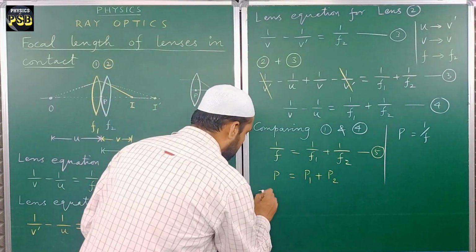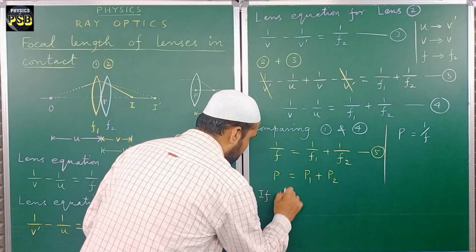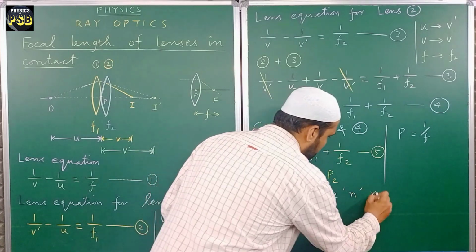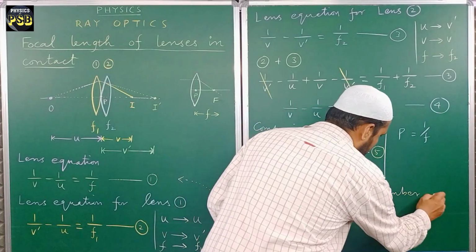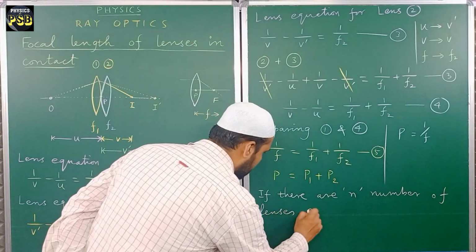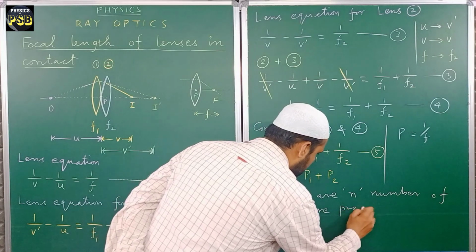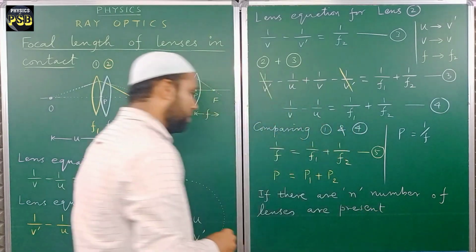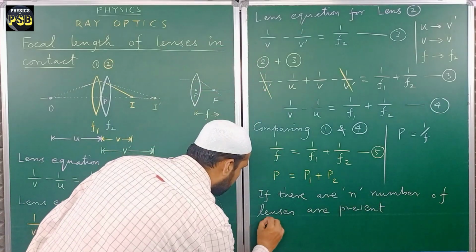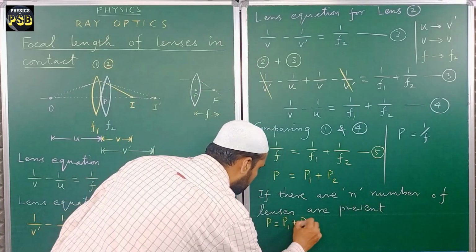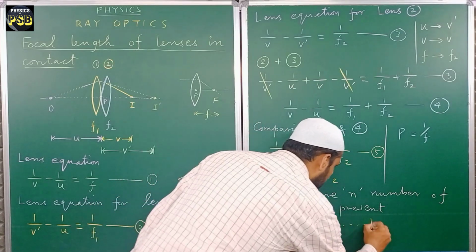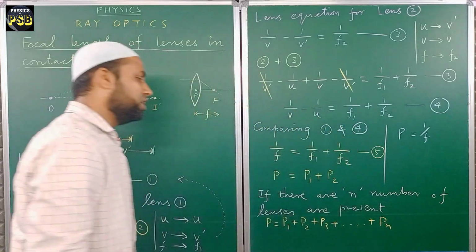So if n number of lenses are present, then the power will be P1 plus P2 plus P3, and it goes up to Pn. We will write it in this manner.